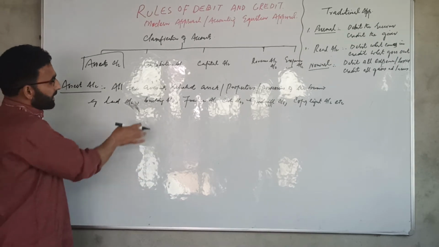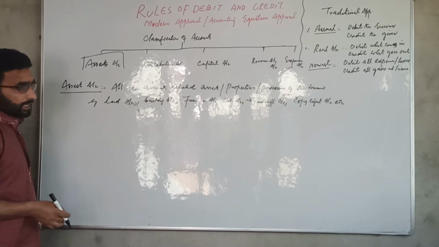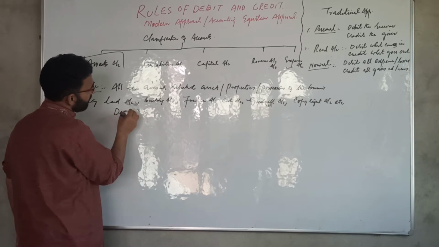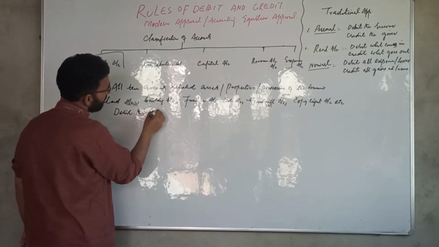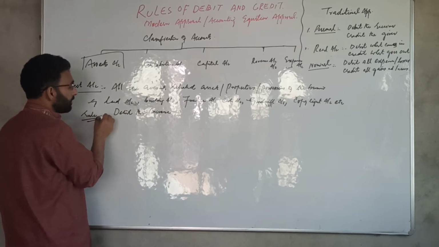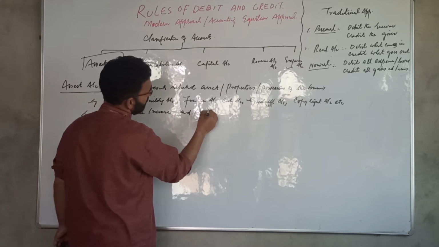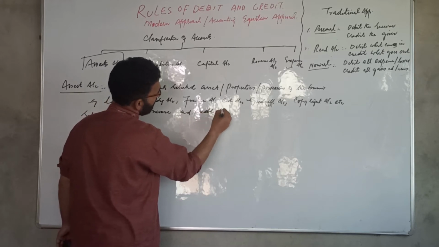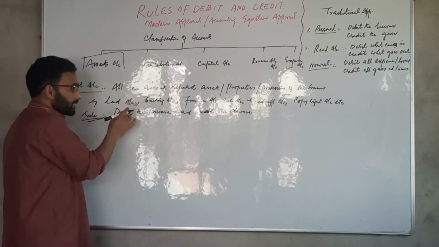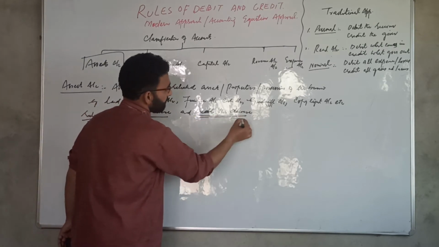Now, the rule for the assets account is: debit the increase and credit the decrease.